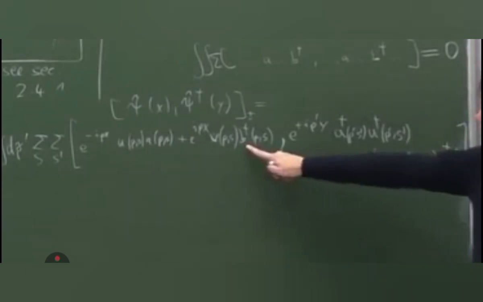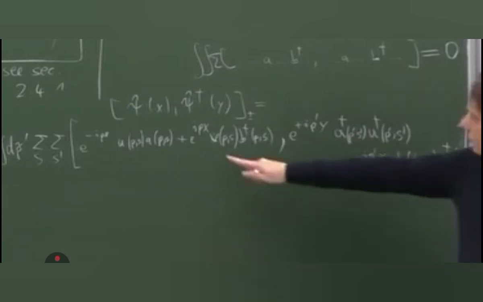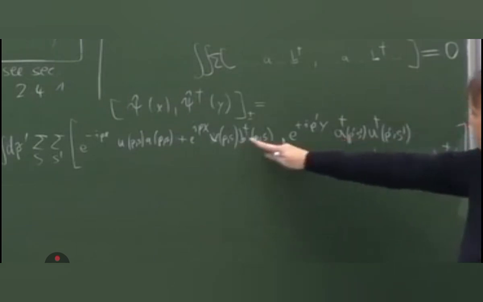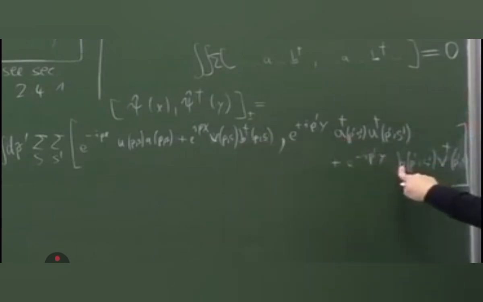And now we have, of course, a with b, that gives 0. B dagger with a dagger, that gives also 0. But we also have something non-zero: a with a dagger, and b dagger with b. And here b dagger and b come in exactly this order.